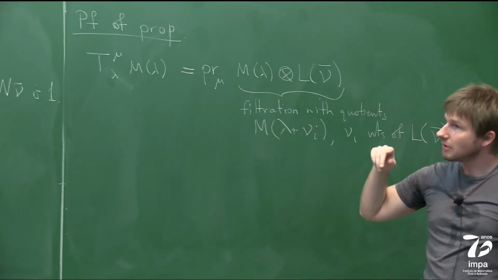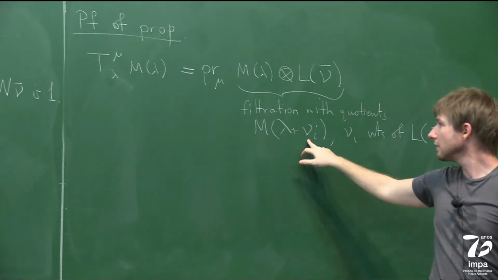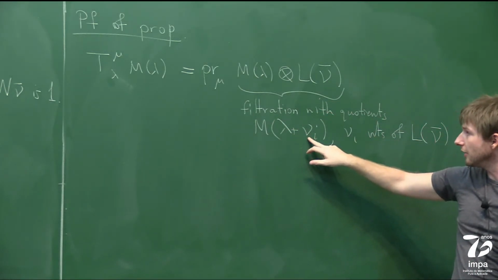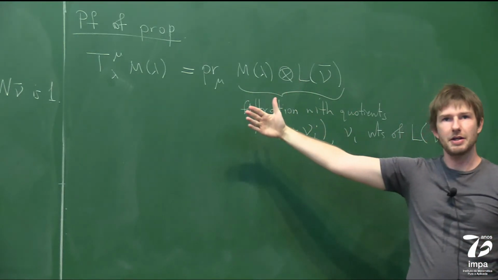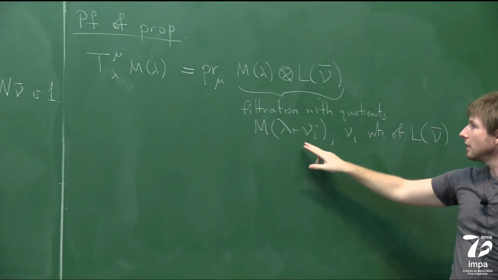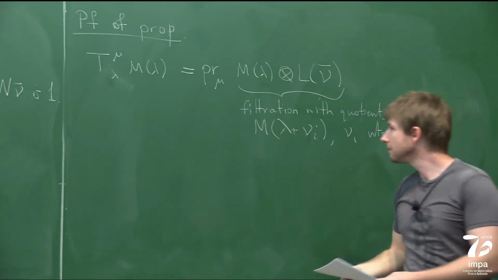Now the first lemma says precisely that out of all of these nu I that occur, the only one which is linked, or the only one which lies in category O mu, is the one that corresponds to mu itself.